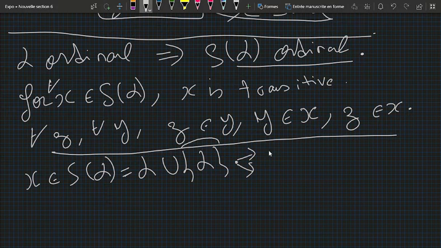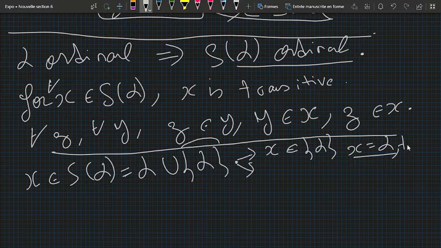The first is X belonging to this set, which means X is equal to alpha, and alpha is ordinal, then X is ordinal, which means X is transitive. So we have nothing to prove then.